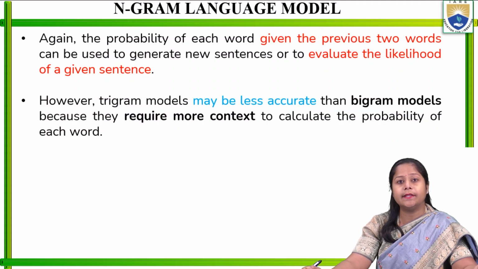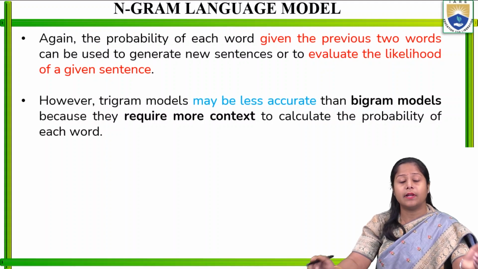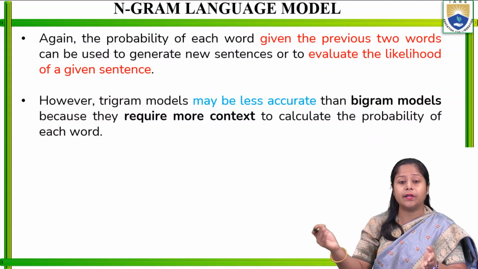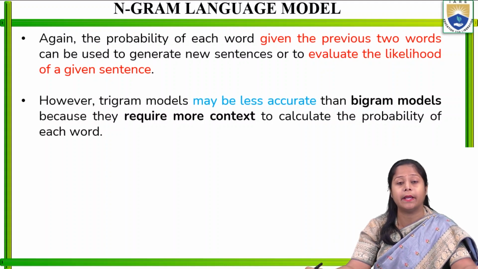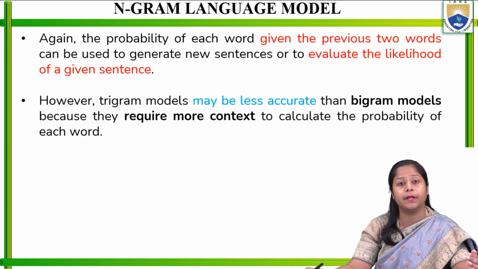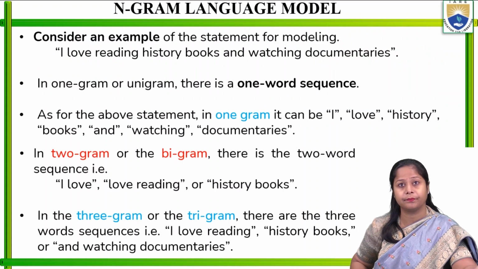We can say trigram models may be less accurate than bigram models because they require more context to calculate the probability of each word. Likewise, if we are using the 4-gram model or the 5-gram model, the accuracy of the model can be lower compared to the bigram model or unigram model. This is how it works.